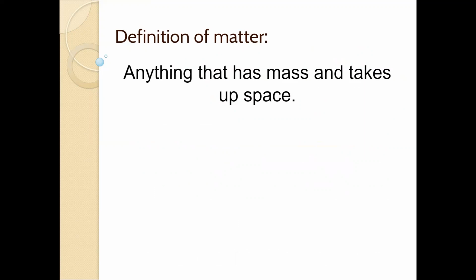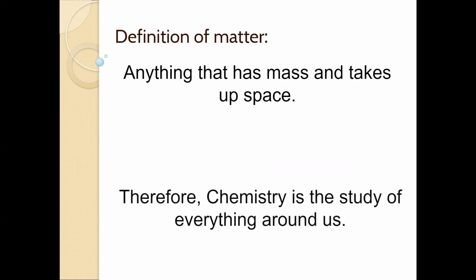The pen on my desk is made of matter, air is made of matter, water is made of matter. I'm assuming that you've heard this definition before, assuming that you've been to a middle school before. But chemistry is, based on that definition, the study of everything around us, everything on Earth, everything in the foreseeable universe.